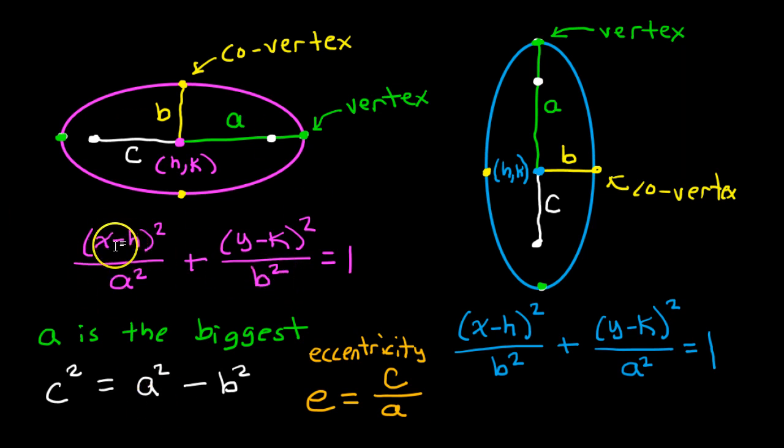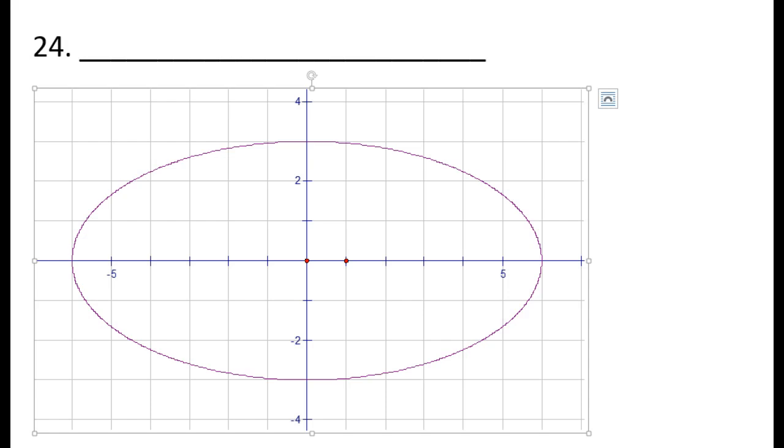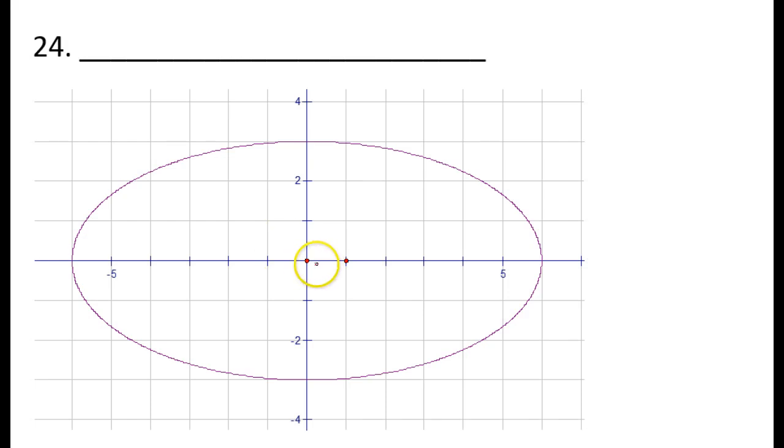Okay, so the center is going to work similarly to the way a circle did. It'll be the opposite of each coordinate of the center, here and here. So looking at this graph, it looks like the center is just 0, 0.